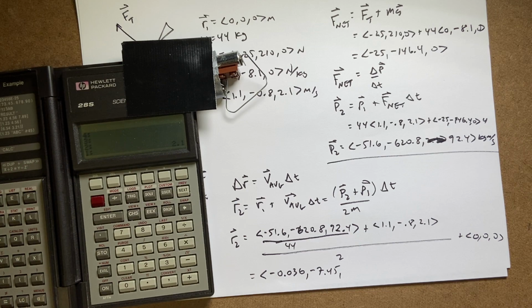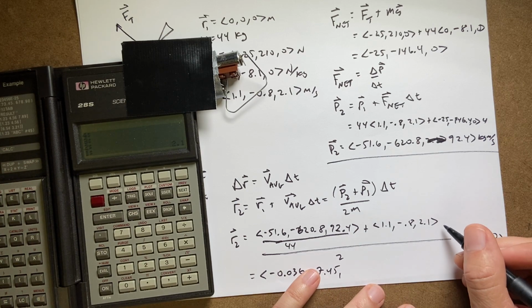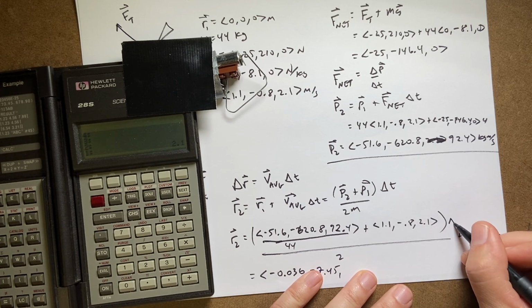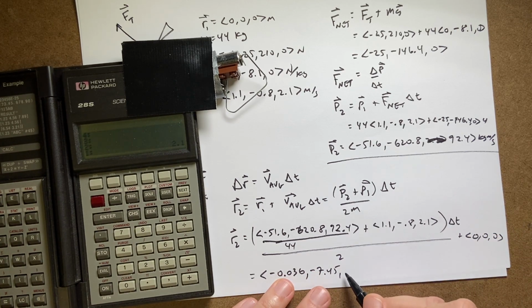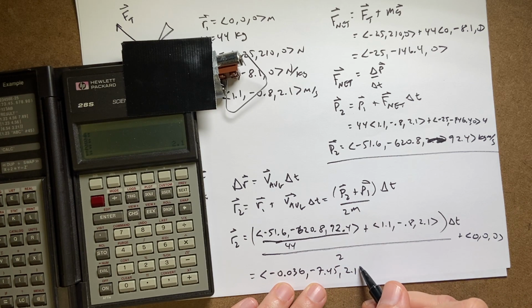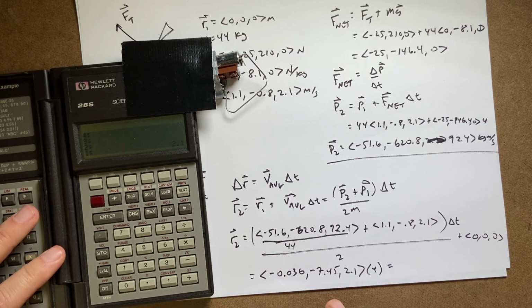Oh, I didn't multiply by delta t. Arg. So all of that times delta t of 4 seconds. That's fine. So I get 2.1. Yeah, because it didn't change. Okay, that makes sense. And then I have to multiply that by 4 to get the answer. Okay, so that's fine. Let's do that.